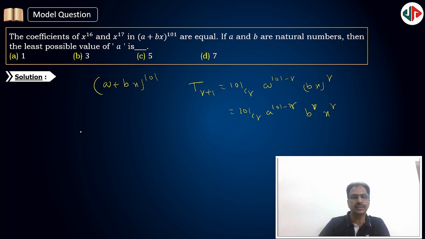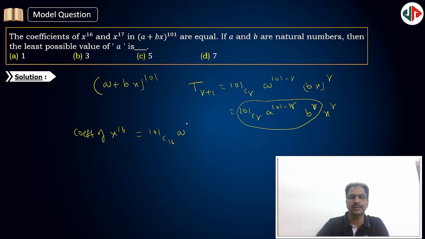Now, what is the coefficient of x power 16? Take r is equal to 16. X power 16 means put r is equal to 16. Then 101 C 16, a power 101 minus 16 is 85, into b power 16.